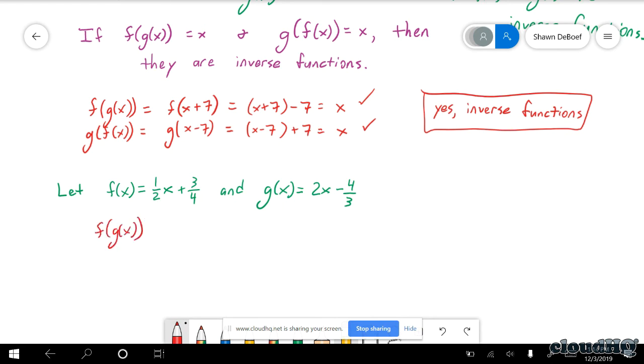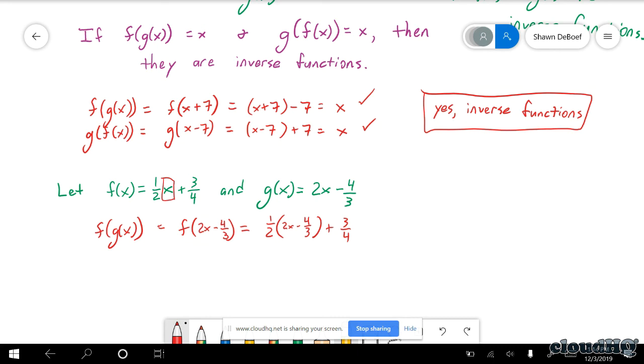So I'll first plug the g into the f. g of x was 2x minus 4/3, so I'm going to plug that into the f function. Notice where the x is, that's where I'm going to plug it in. So I plug in 2x minus 4/3 in place of the x.